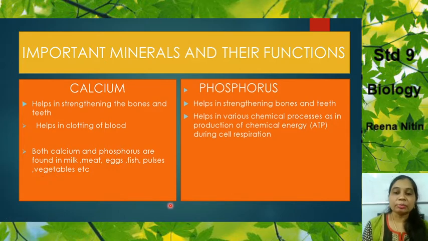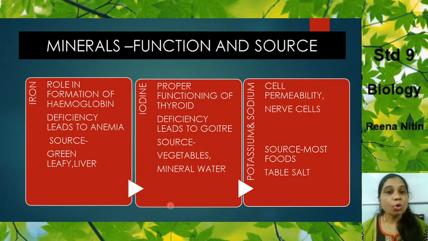Next, we learn in detail about some more minerals. The first one is iron. Its role is in the formation of hemoglobin. 70% of the iron is found in the blood of the human body. It is very essential in the formation of hemoglobin, which is the oxygen carrier of the blood.